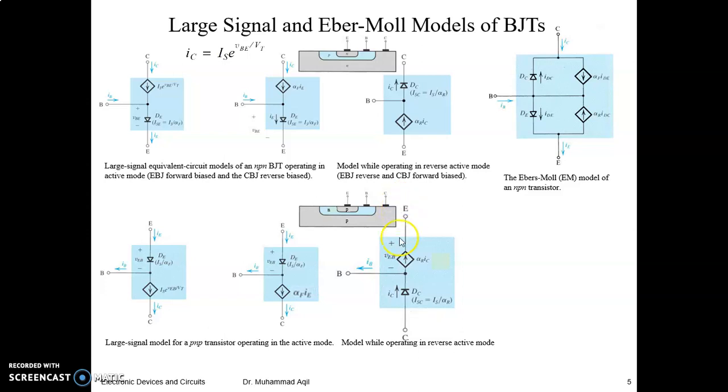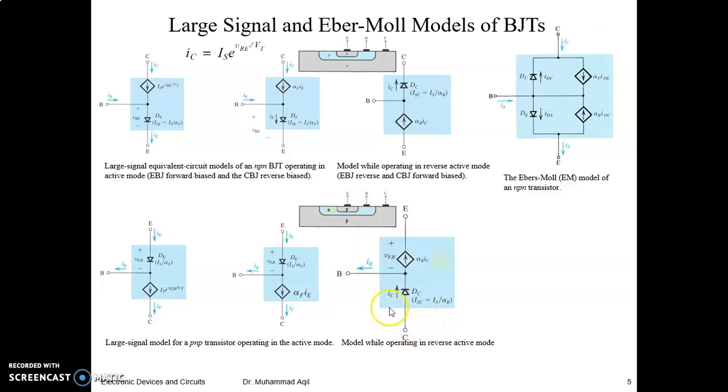So if someone makes the collector-base diode forward biased and the emitter-base diode reverse biased, it is still selecting an active mode, but the reverse active mode, because the structure is not designed for this direction, right?